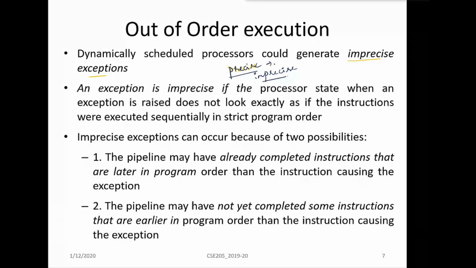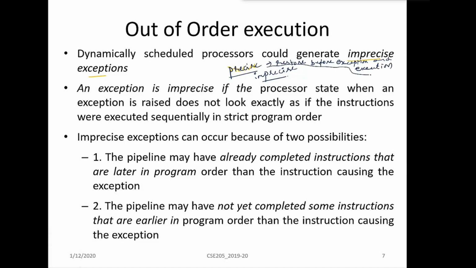Which means we can restore the state to before the exception and continue. Got it or not? Whatever happened before the exception, we can restore to that point, schedule the instructions again, and execute the program again. That we can say is precise.